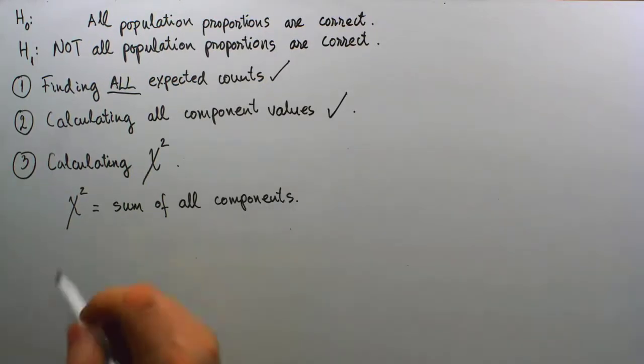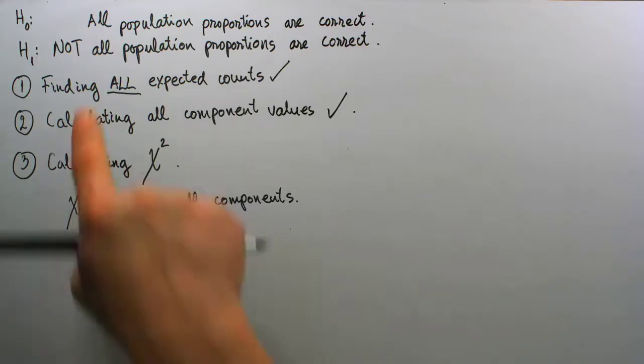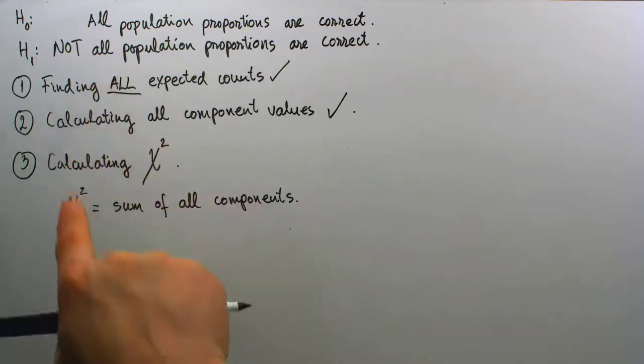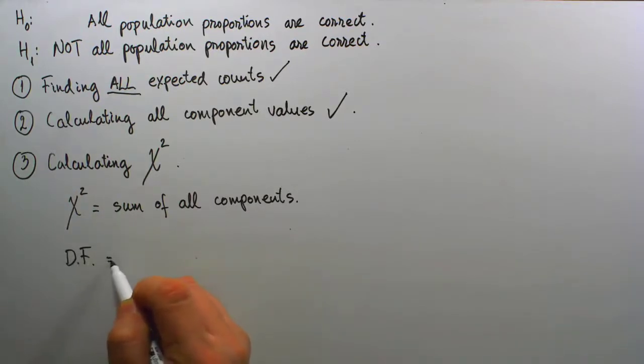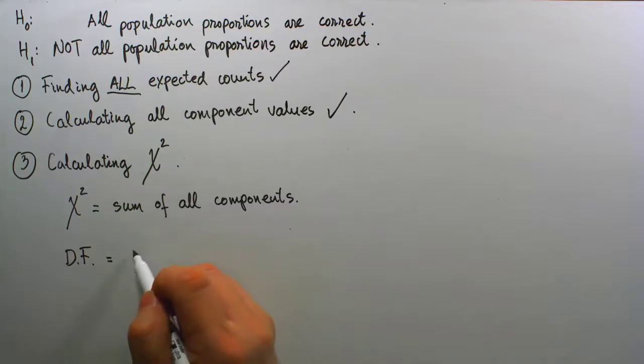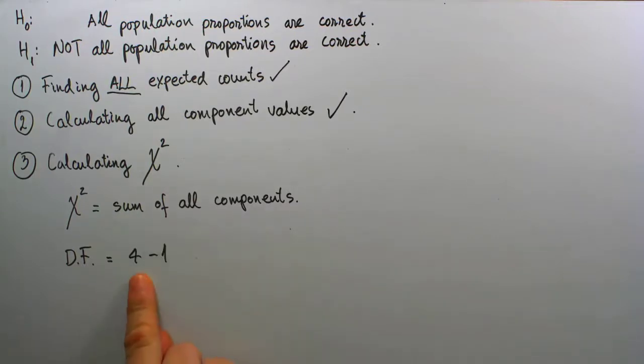Now this information I'm about to write down is not formally a step, because it can be taken at any point. It can be done before step 1 or before any of the steps here. The degrees of freedom of our problem is going to be 4 minus 1. The 4 came from the number of categories we had.